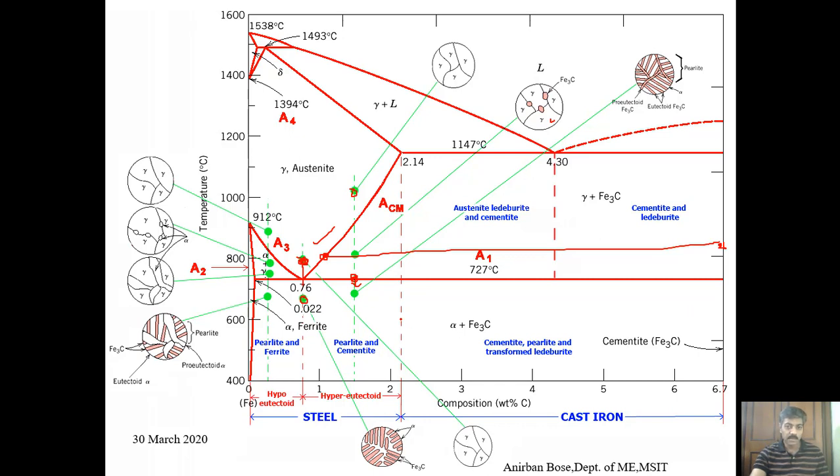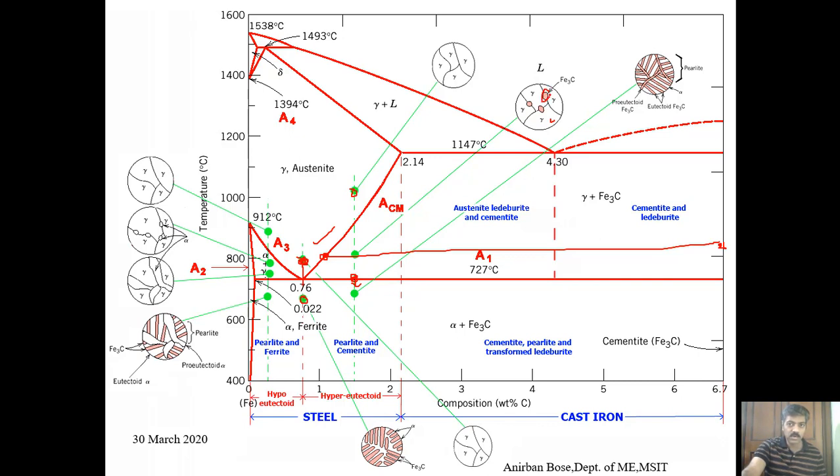So if you see this structure, you will see that pearlite will form, and some pro-eutectoid cementite will also be there in the structure, because these are cementite.